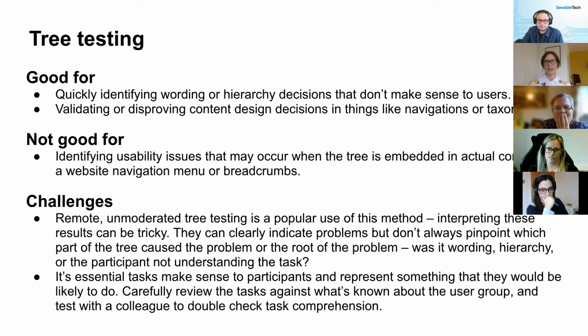There are some stats about how the first 6 or 7 show you 70% of the usability issues. I try not to promote that too much because it's only 70% of them and you're not finding the other 30. So it doesn't mean you only need to test with 6 or 7 people. But on the other hand, if you don't test with anyone at all, you're not finding any of the issues. So yeah, the more the better, really.